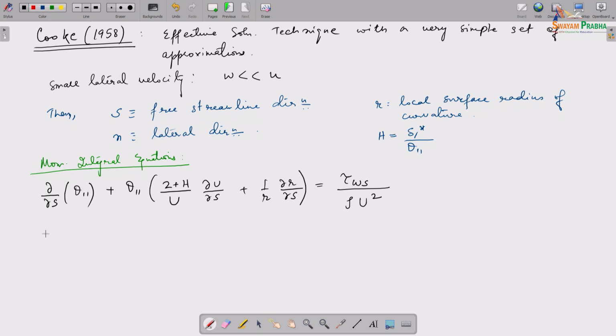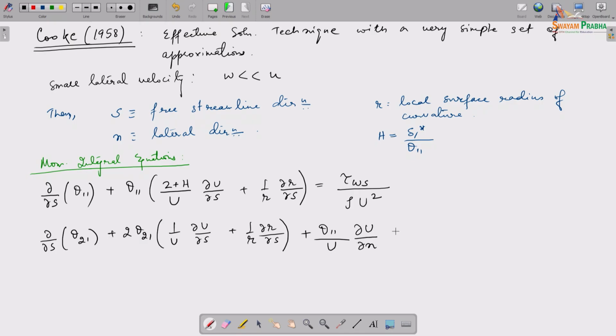Okay. So, then the next one is plus theta, okay plus 1 by r del s, okay, plus theta 1 1 by q h, right, is equal to, so we are looking at basically, so we consider two directions now, right.